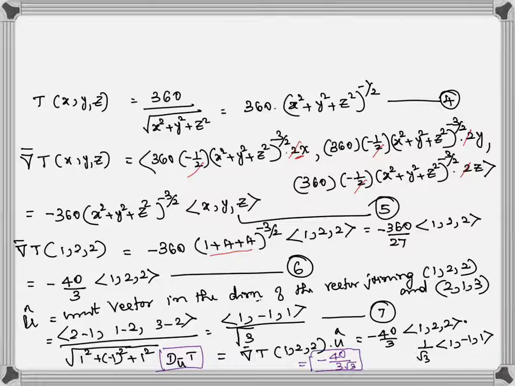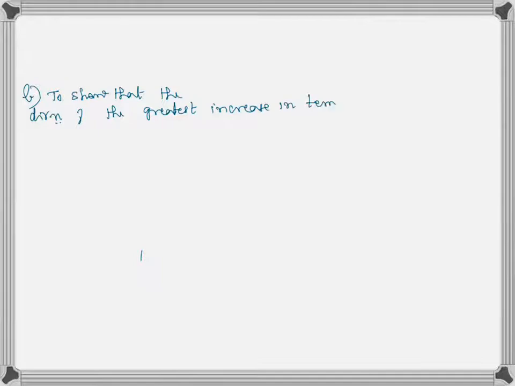Now, there is a second part to this problem. It says that show that the direction of greatest increase in the temperature is given by a vector that points towards the origin. Direction of the greatest increase in the temperature points towards the origin.